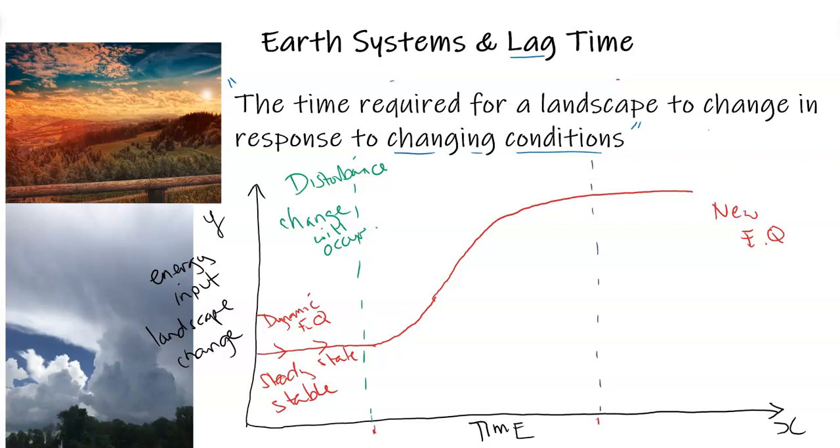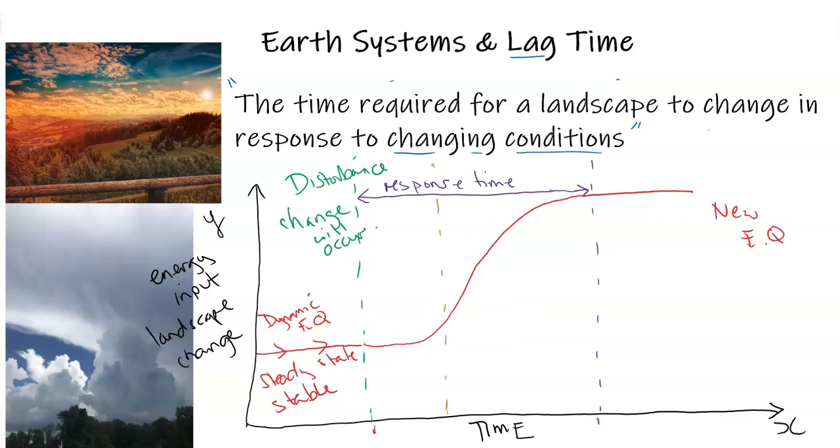So this time, from here to here, is called the response time. How long it takes for the landscape to respond to the forest fire, to the trees burning, to the ash, and the level of succession that's going to happen in that forest.